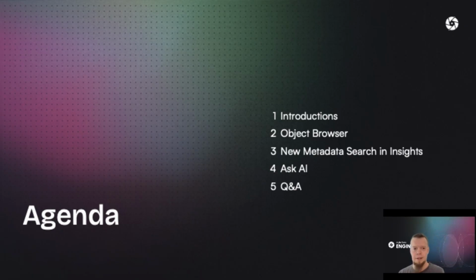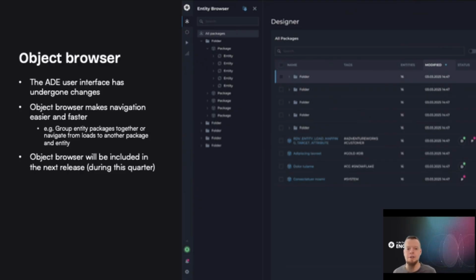And in the end, there will be the possibility for asking questions and discussions, and you can also, for example, write questions to the chat during this session. So I'll start by introducing the object browser and what it is about.